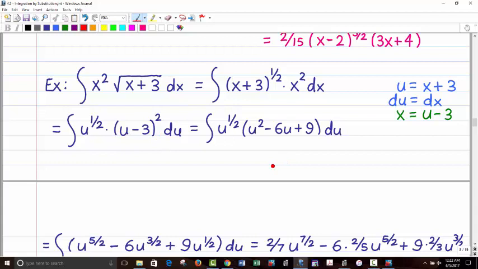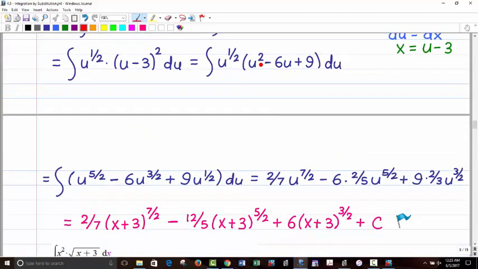The only way that you can multiply two binomials together and not have 3 terms is if it's the difference of 2 squares, like x plus y times x minus y equals x squared minus y squared. But don't make that algebraic mistake. u squared minus 6u plus 9, but then we distribute it times u to the 1/2.